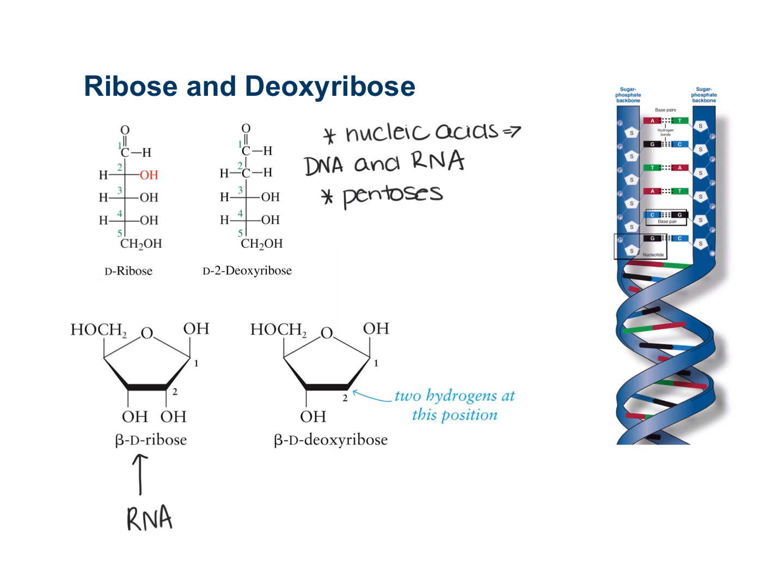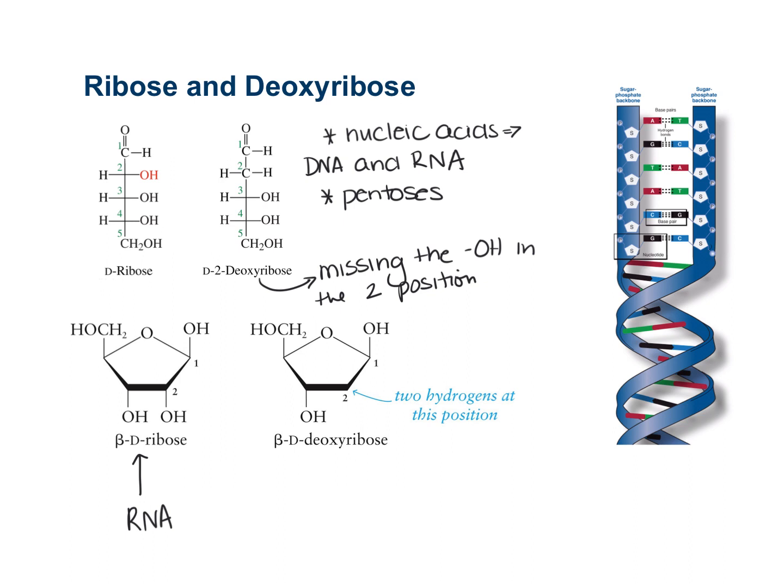And one of the things I want you to notice is when we talk about deoxyribose, it's missing the OH in the 2 position, right? So that's how it differs from ribose. So I'm going to say in the 2 position, but you could also say the second carbon.